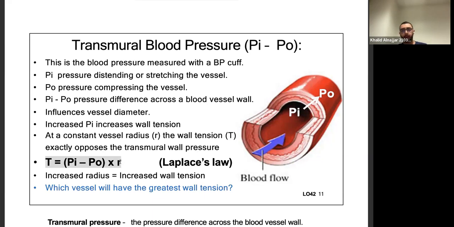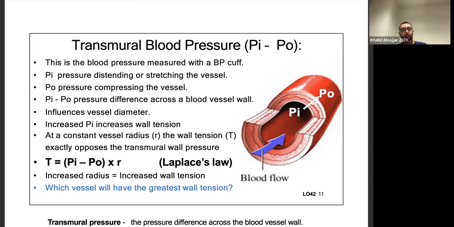This is not the case in our bodies, by the way. The radius is always changing, dilating and constricting. But let's say the radius will not change. So the wall tension is proportional to the transmural wall pressure. This is what Laplace's law is trying to say, and this is basically what this point is trying to say.